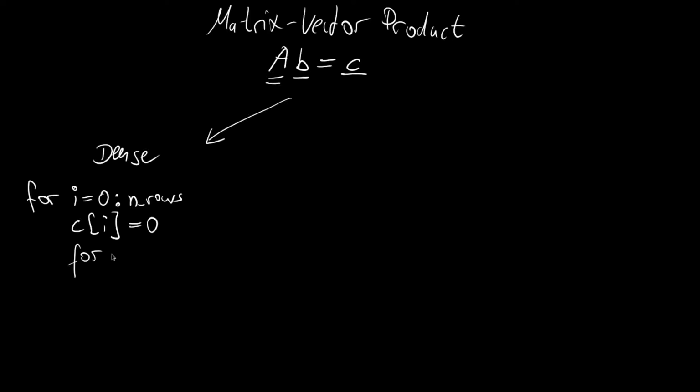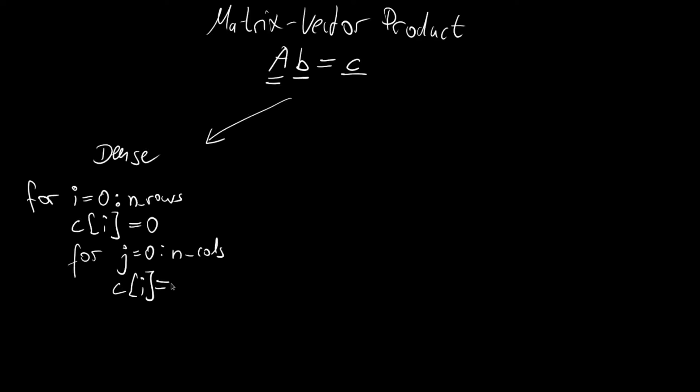And then we iterate over the columns. And then, of course, we have our actual operation. C at the position i is A at the position i, comma j times the, oh, sorry, this is incorrect.